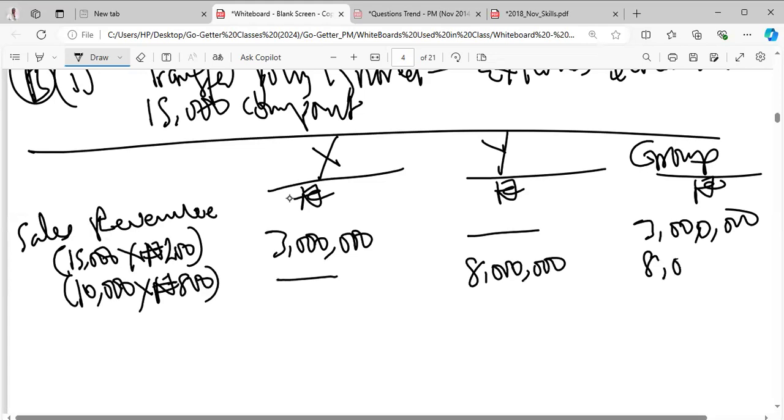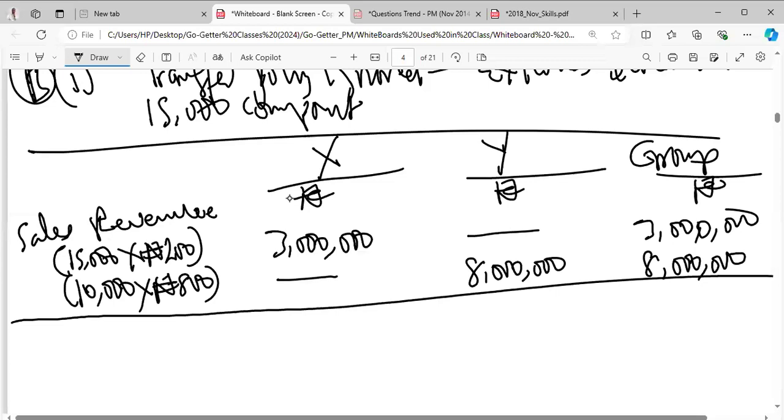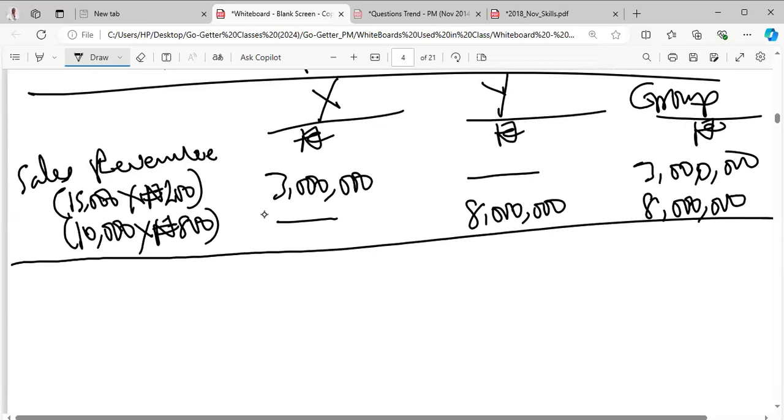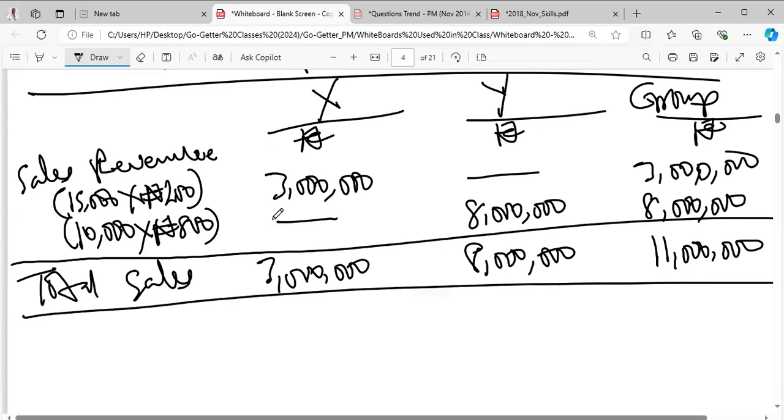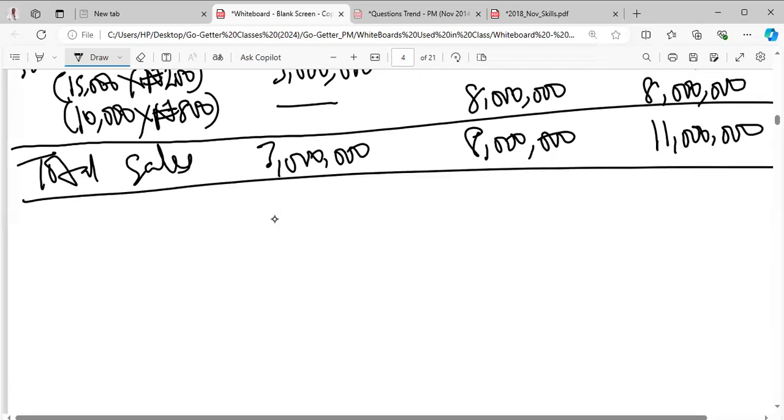No external markets. So total sales, this is 11 million, because this is 3 and this is 8. That's total sales.